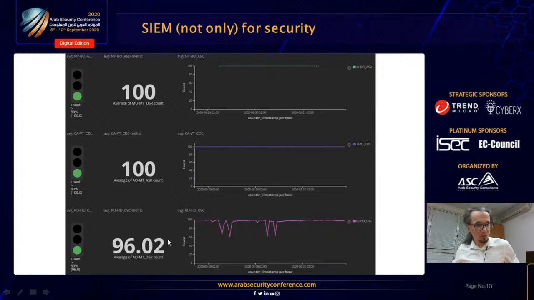The general value is 96%, so everything is all right. But on the timeline, we can see that while time was going and the KPI was running, there were 4 cases where it drops below 80%, so below the KPI expectations.